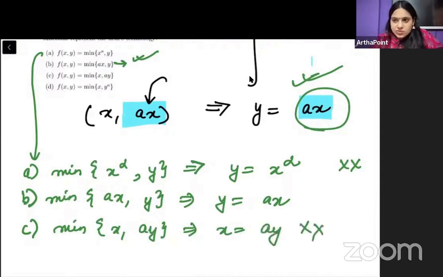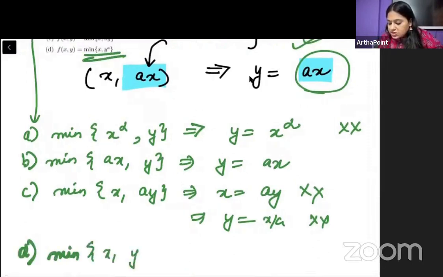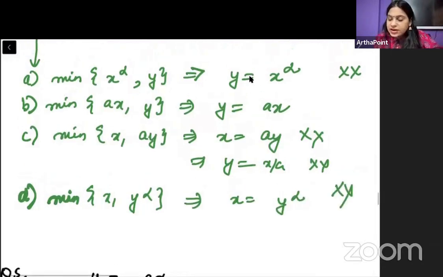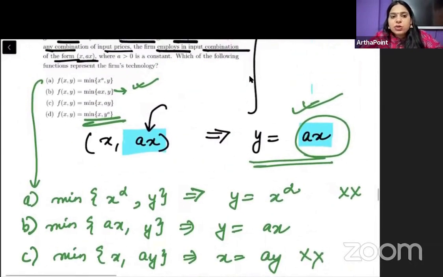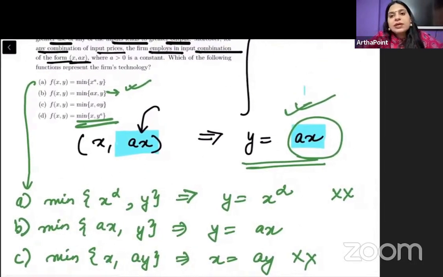I don't need this. This means that y will be x by a, not required. And look into the fourth production function, which gives me min of x comma y to the power alpha, right? So this gives me x is equal to y to the power alpha. Again, incorrect, right? So I wanted that production function which gives me y is equal to ax. And therefore, the correct answer to this question will be B.